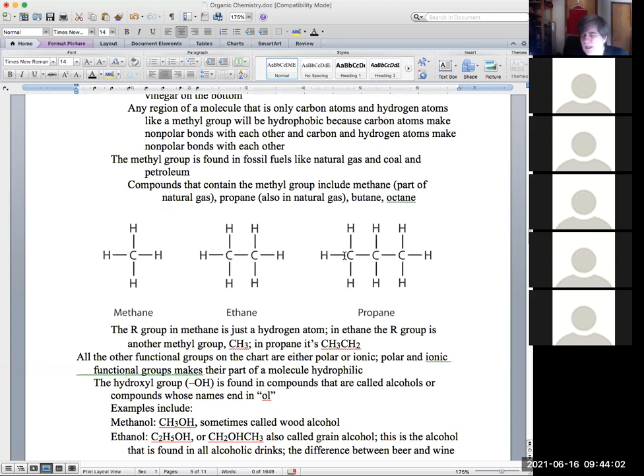Another example in this general category is something you might have heard of called propane, which is also a component of natural gas. If we look at propane, we have 3 carbons. The first one is CH3, so here's our methyl group. What's the R group? Well, everything to the right of that, CH2 connected to CH3.